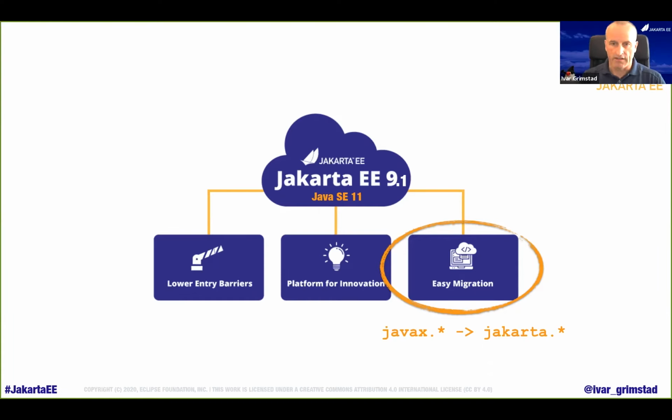So in order to migrate from a previous version of Jakarta EE to 9 and 9.1, you have to perform this namespace change. And there is tooling to help you with this that can do transformation of your bytecode, or you can do it on source level, or there are guides to do it manually. But this migration from javax to jakarta is something that is needed, and it impacts the entire community.